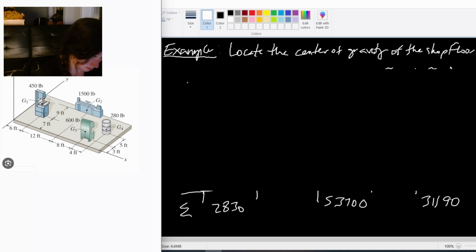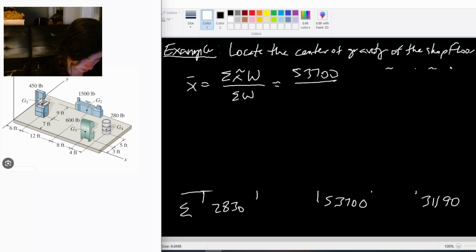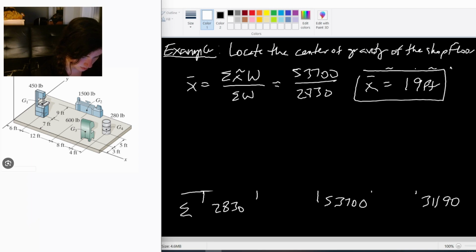So I can plug in my x bar. Summation of x's times w over w, which was that 53,700 number, over 2830. So x bar is 19 feet, right about.